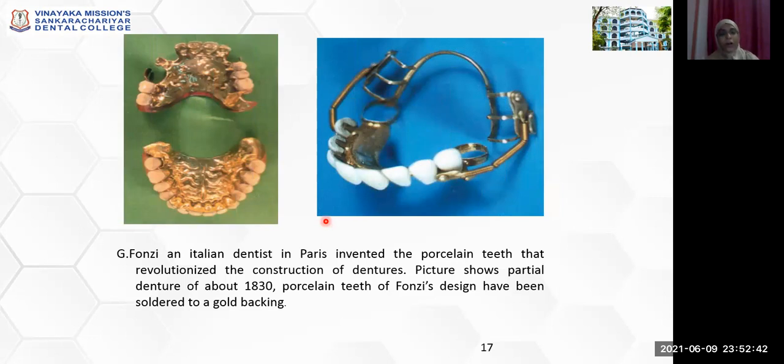Okay, so you have a gold denture base, and then you have porcelain teeth which are placed into the vulcanite. Yes, the palate is made up of gold, the palatal portion, whereas the teeth are getting embedded into the vulcanite material, which is then reinforced over the gold plate.